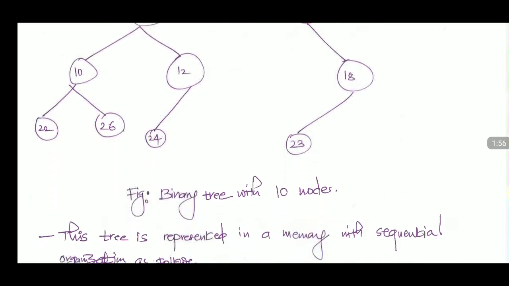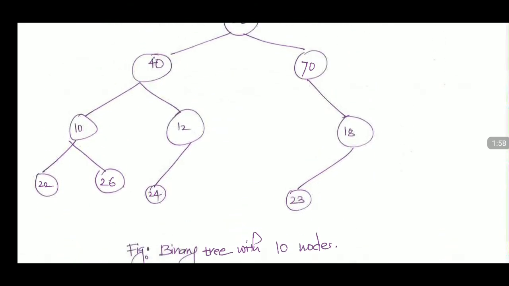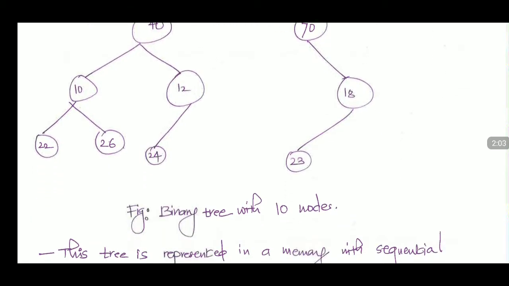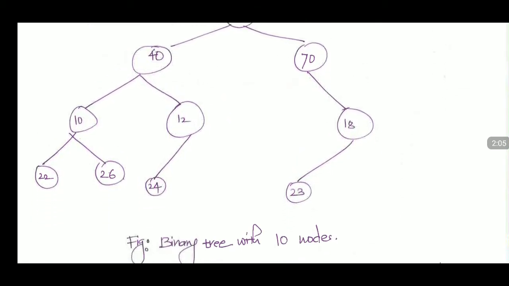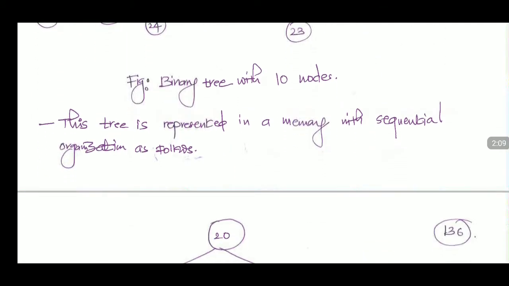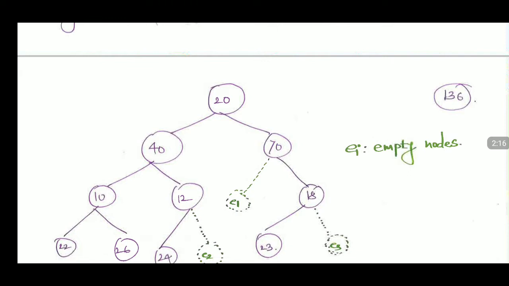Now, this binary tree contains 10 nodes. How are these 10 nodes represented in a sequential representation?